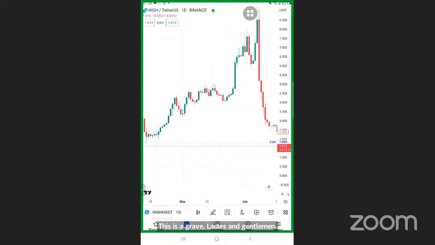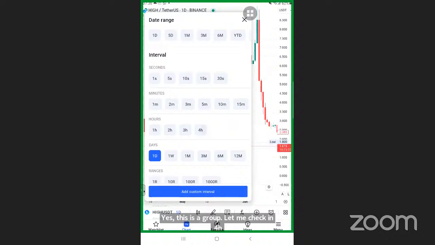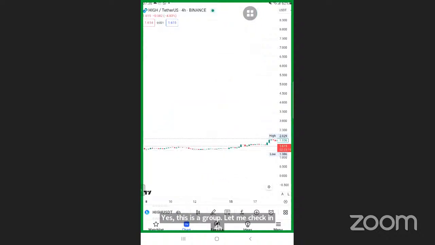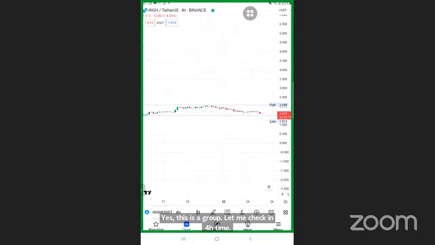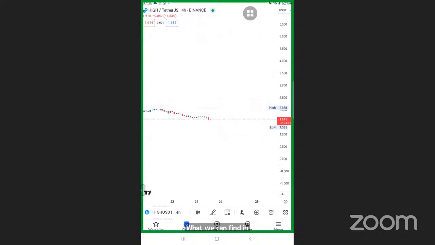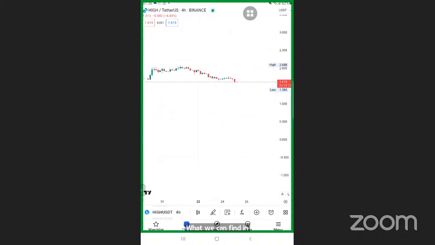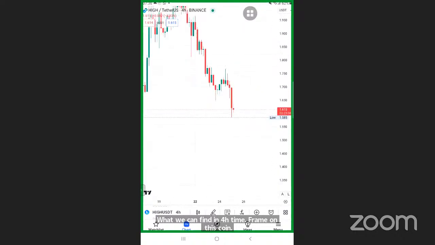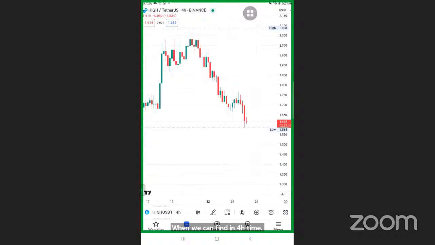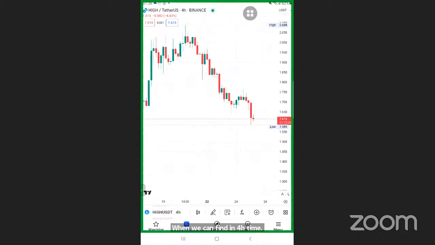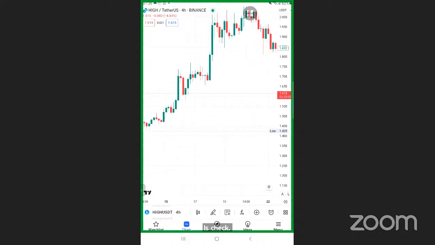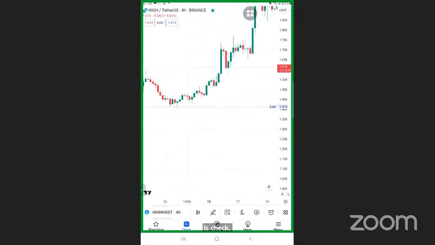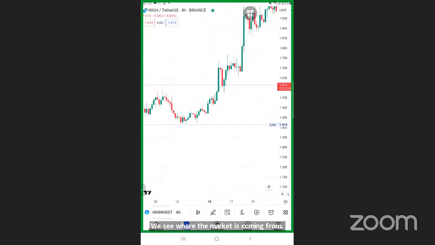Let me check in the 4 hours time frame what we can find on this coin. Let's check. Let's see where the market is coming from, if we can find any.